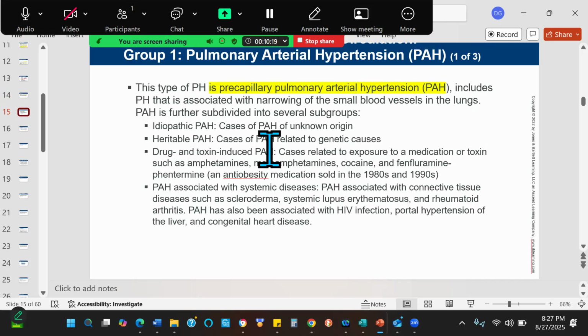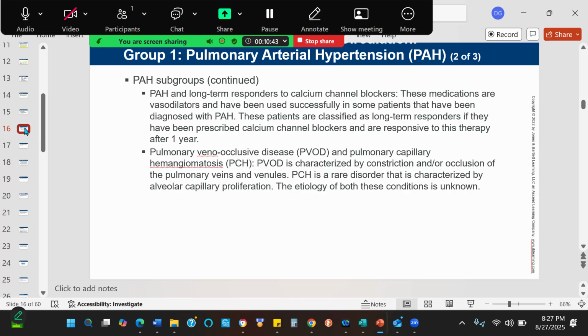First one is pre-capillary pulmonary arterial hypertension. All right. And this could be idiopathic, it could be inherited, genetic, it could be drug or toxin induced, like amphetamines. Meth can cause this. PAH associated with systemic diseases. So that group 1 is pre-capillary pulmonary hypertension.